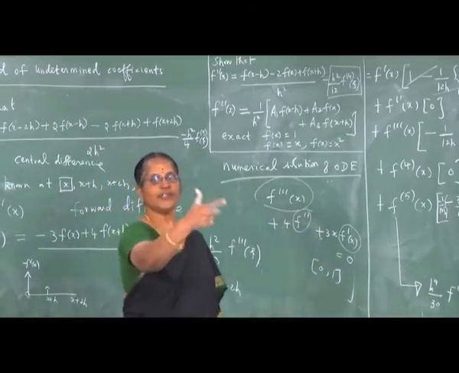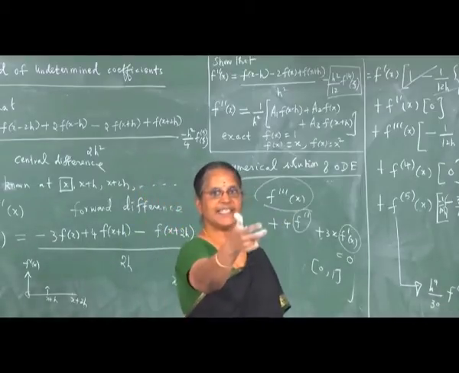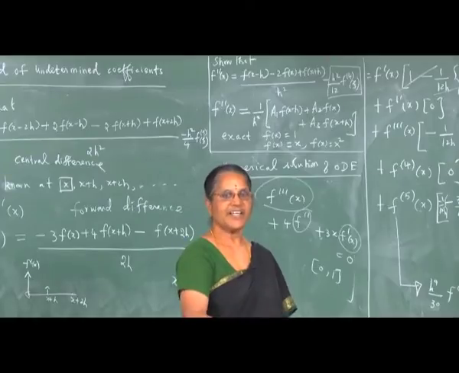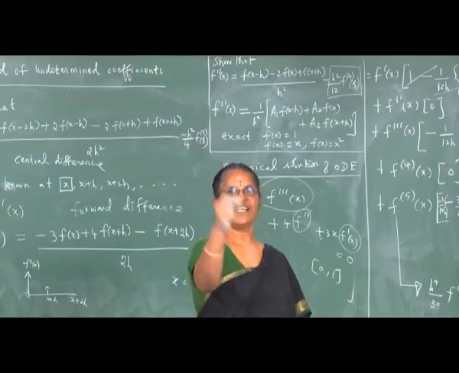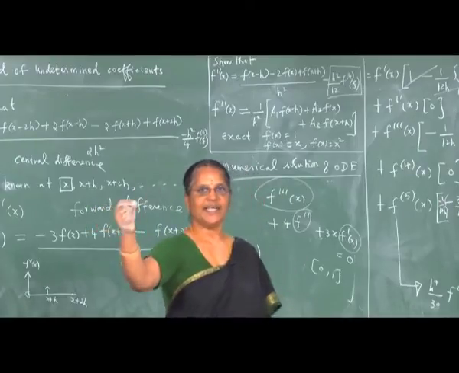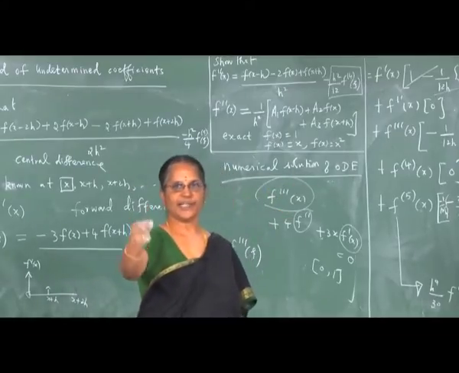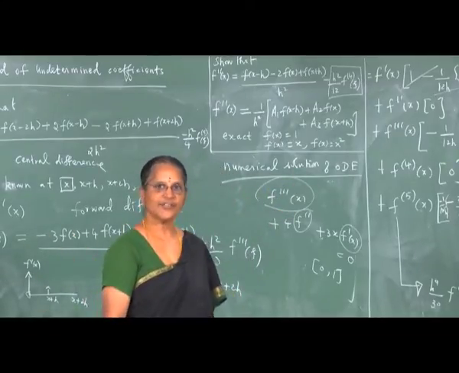Once you have replaced the derivatives by their finite difference approximations, you need to solve for the unknown value at a set of discrete points, namely the points x, x minus h, x minus 2h or x plus h, x plus 2h and so on.